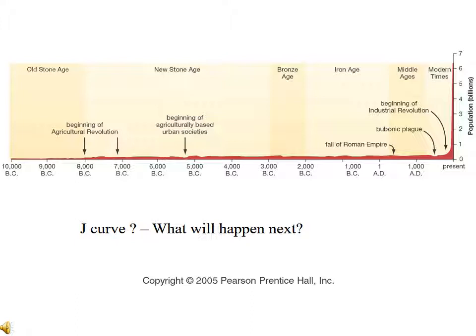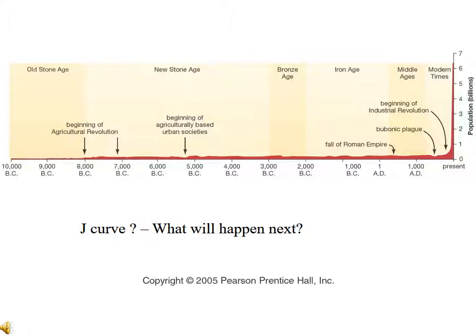We see the beginning of the Industrial Revolution. We can look all the way to the right and see the population drop that took place during the bubonic plague. The reality is that it is only in the last few hundred years that the population has grown drastically. Now, what does this look like to your right?